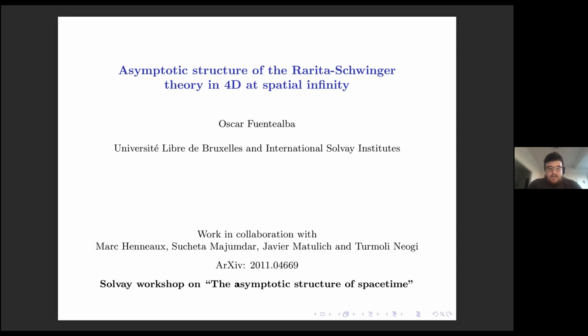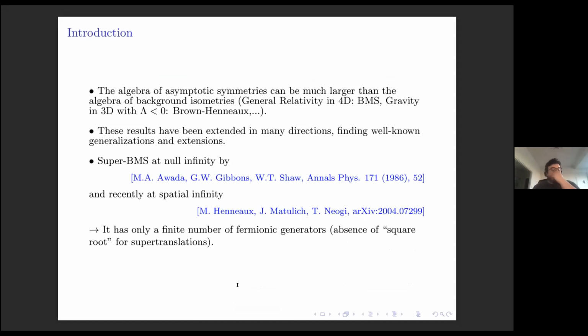So first, a very brief introduction. I think that Turmoli already talked about BMS, but the analysis of the asymptotic structure of gravity has taught us that the algebra of the asymptotic symmetry can be much larger than the algebra of the background isometries.